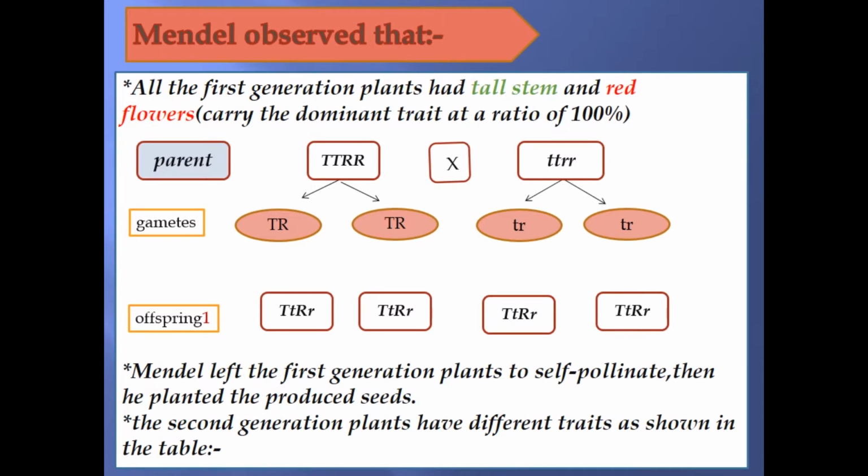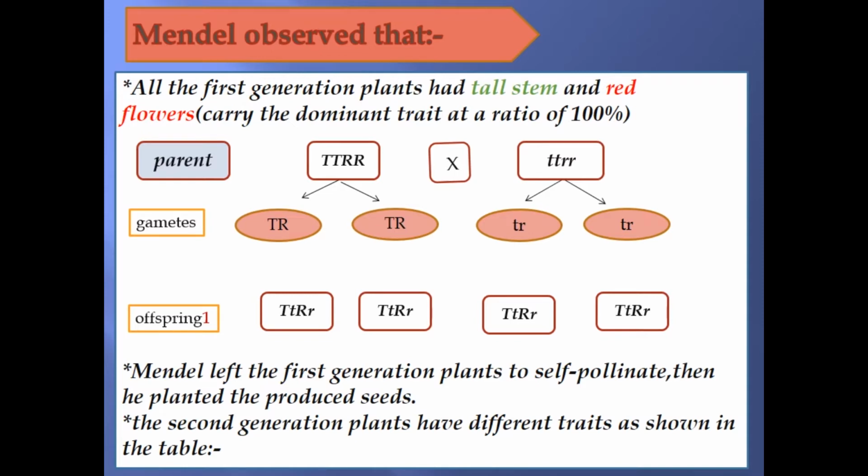As long as the red flower trait is pure dominant as well, the symbol of the genes of such a trait will be written in the form R capital, while the genes of the recessive traits will be written T small, R small, and as you know, the recessive trait must be pure.